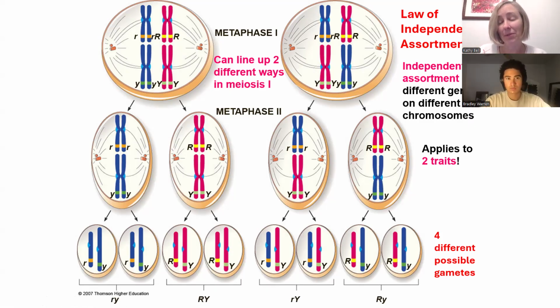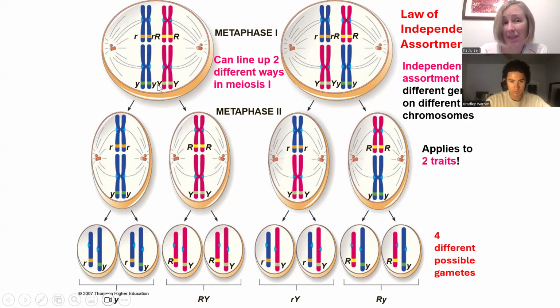When we're doing meiosis, during metaphase 1, we can have our homologous chromosomes line up two different ways. They could line up this way on the left, or this way on the right.